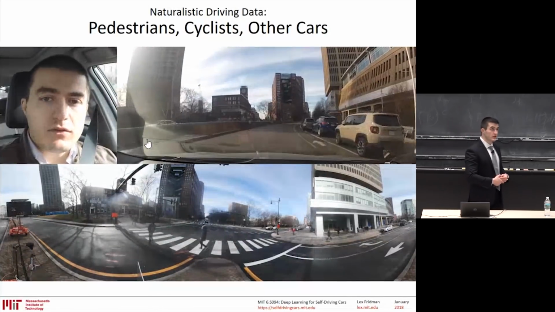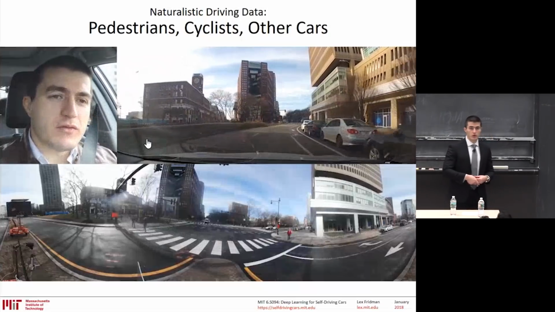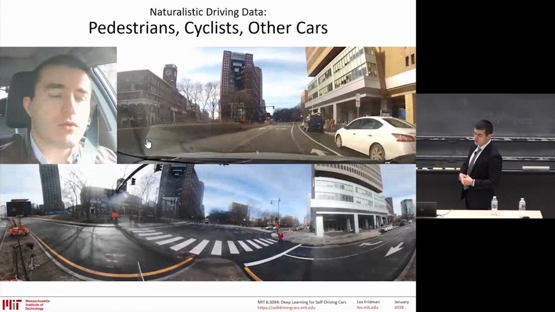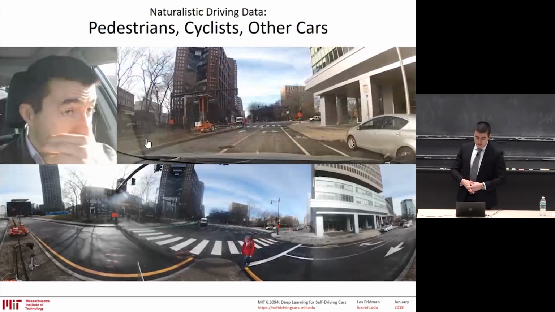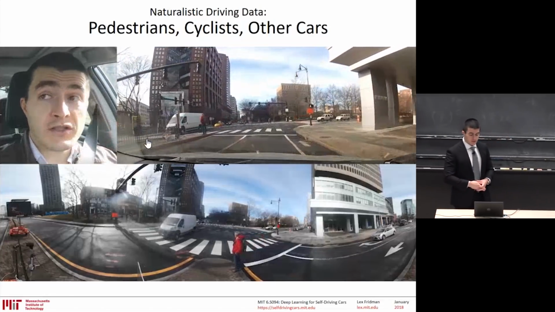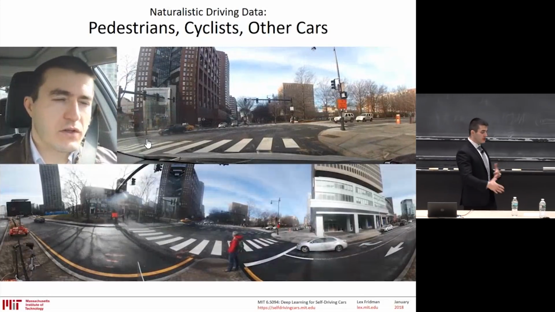This is understanding the negotiation, the nonverbal negotiation that pedestrians perform in choosing to cross or not, especially when they're jaywalking, and everybody jaywalks. Especially if you're familiar with this particular intersection, there's more jaywalkers than non-jaywalkers.